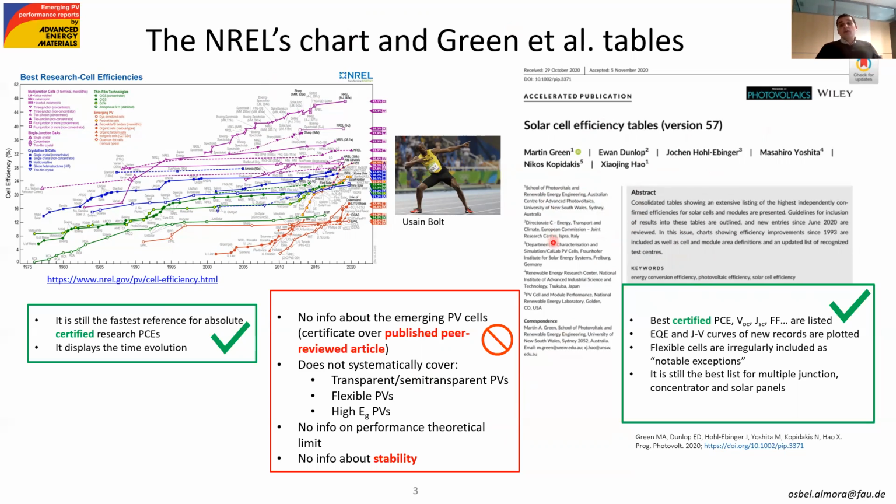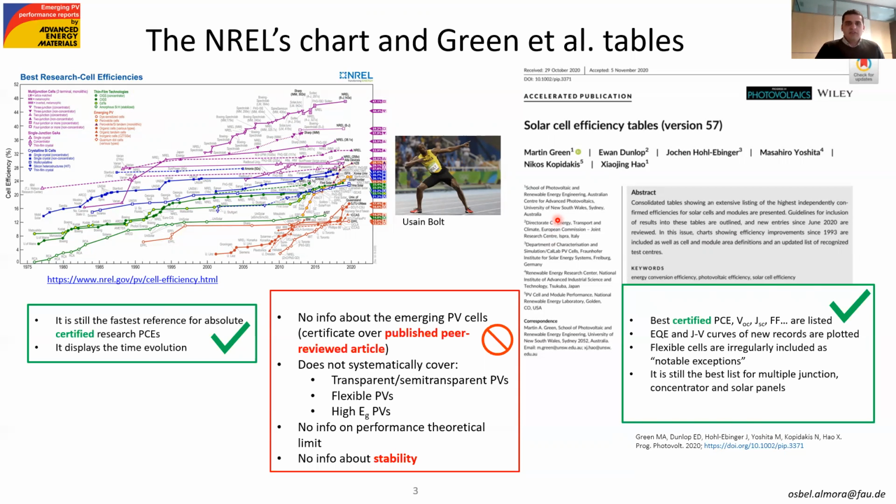However, if we want to highlight a good result, an outstanding performance in a research solar cell, we need to look in the literature and find all of these systematic reports on good devices which are already in peer-reviewed journals.